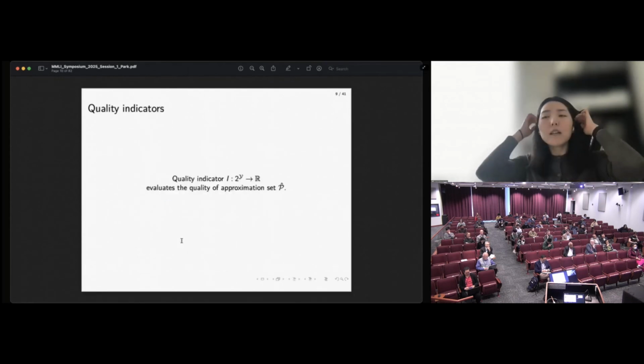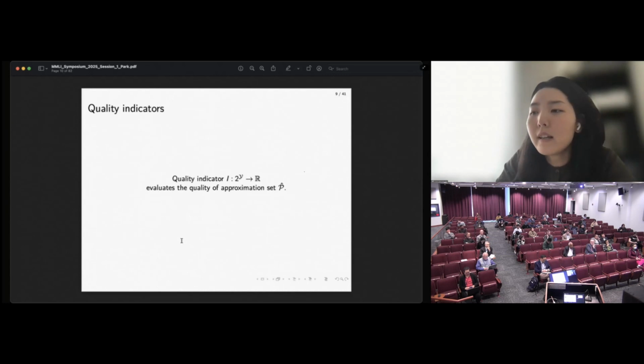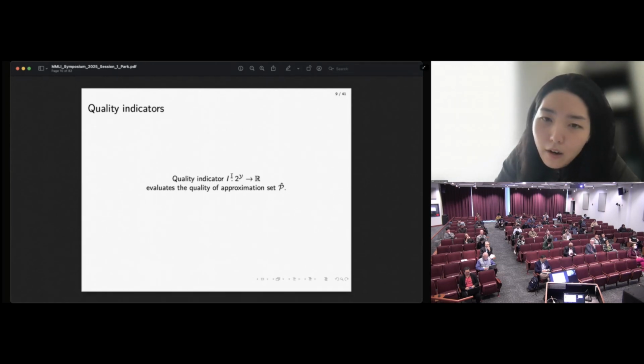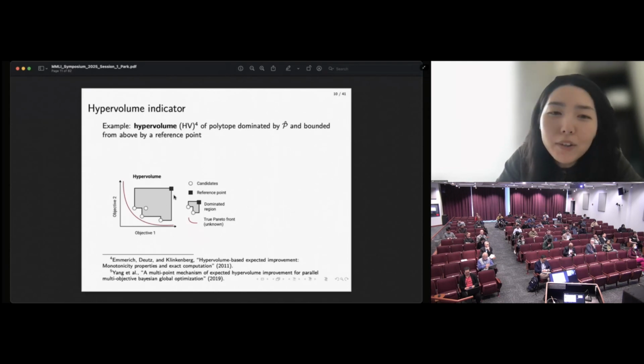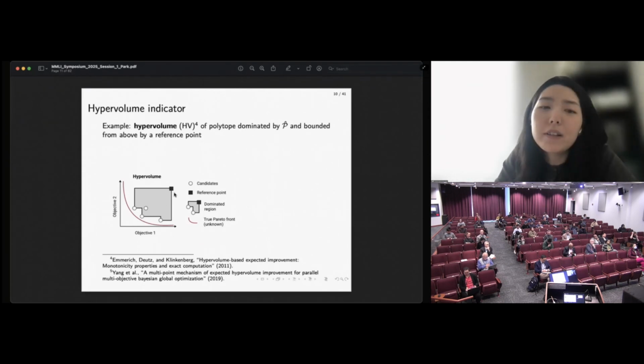So suppose we came up with an approximation set, p hat, for the Pareto front. To evaluate how good p hat is, we use what's called the quality indicator, which takes a set of vectors in Rm and outputs a quality score. And the popular indicator is the hypervolume of the polytope that's dominated by p hat and bounded from above by a reference point.